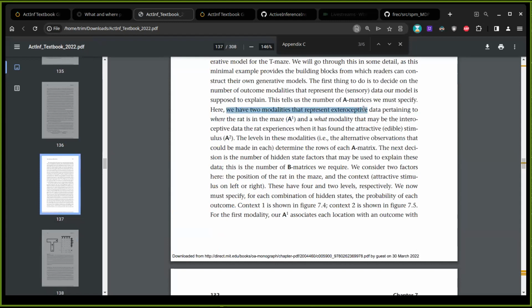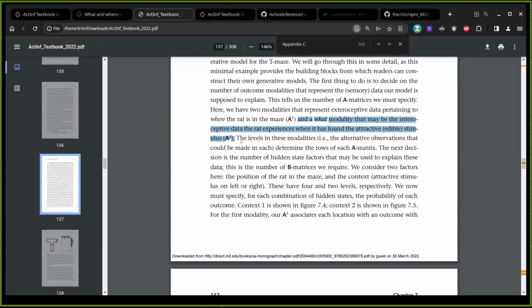There are two modalities that represent exteroceptive sensory data pertaining to where. So that's just the location of the rat in the maze. And also there's a what modality that is like, am I tasting something delicious or not?